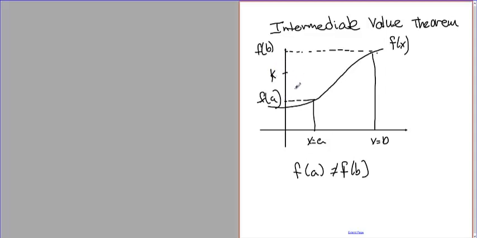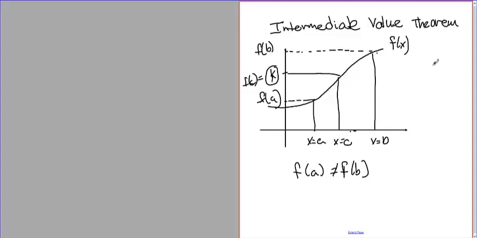And it's saying that there's a value of c between a and b. So along this axis, you can pick some value of c where f of c is equal to k. Okay, so what we're saying is you can come along here and kind of eyeball it. There's some intermediate value c such that f of c is equal to this value k. Now we don't know exactly what that is. We'd have to solve the equation for it.